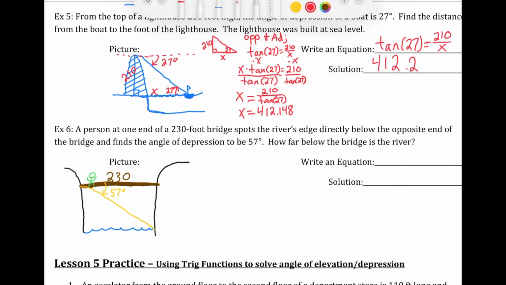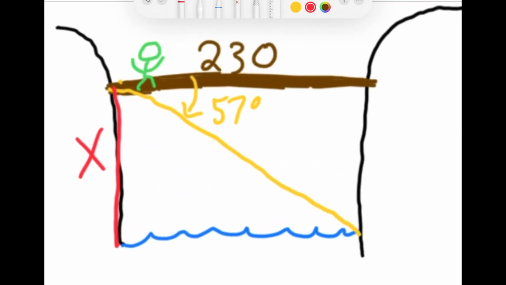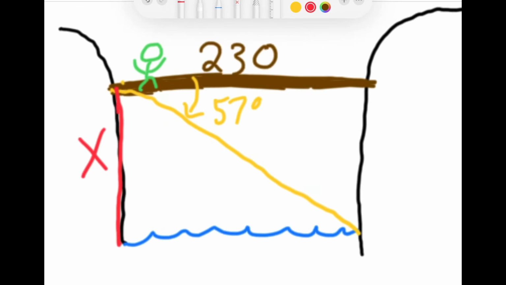And what we're having to find out is from the one side to the bottom, what is this length? So there are two ways to look at this. If this red side is x length, that means the other side is x length.